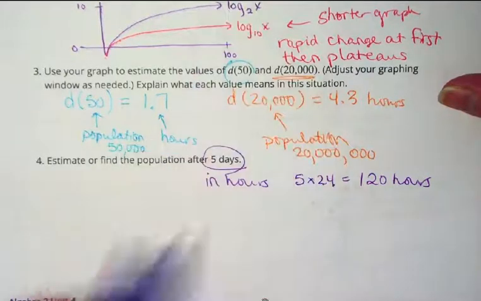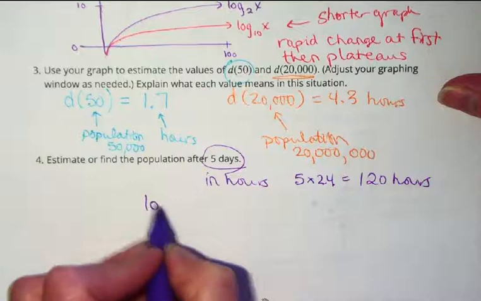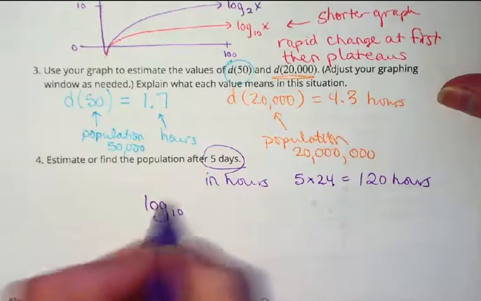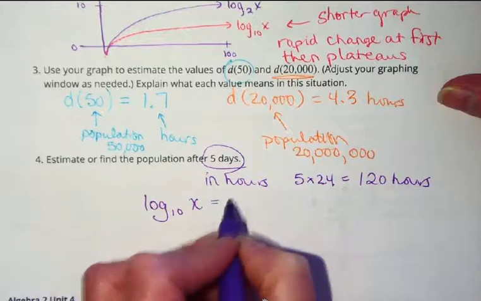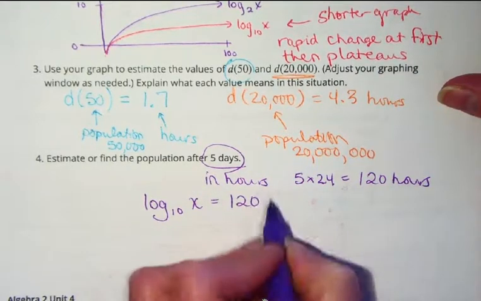So we are looking at when does log base 10 of x, that's going to give us the population, equal 120 hours of time.